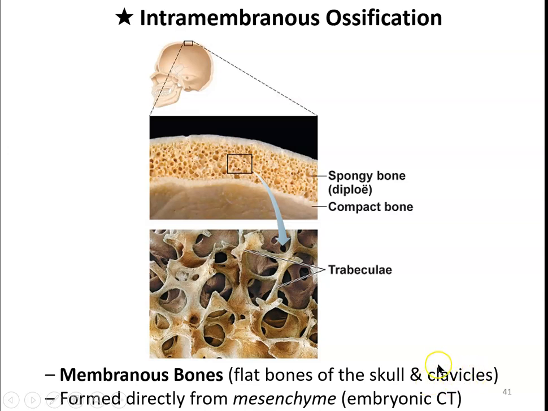Part of the clavicle is made this way, but the bones of the cranium are made this way. And so these are formed directly from the mesenchyme. And it's an interesting process, but most of that process happens, again, at a level that we would not see using the tools we use here in anatomy.